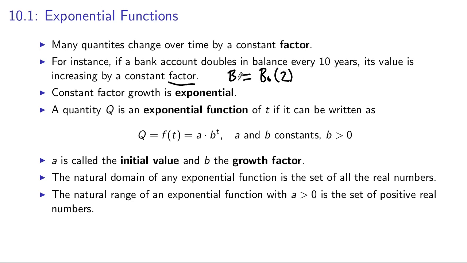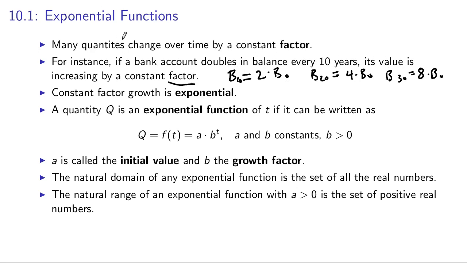So my bank balance after 10 years would be twice my starting bank balance, and my bank balance after 20 years would be double the balance at 10 years, or 4 times the original. And at 30 years, we would have double this, which would be 8 times the initial bank balance, and so on. So we can see we're growing by a constant factor, not a constant rate.